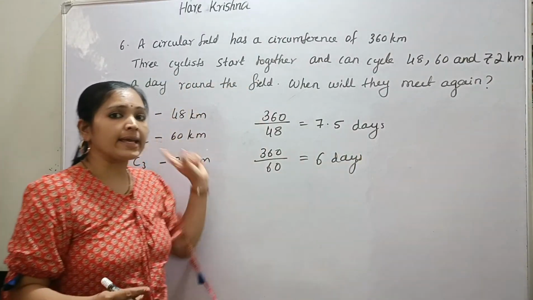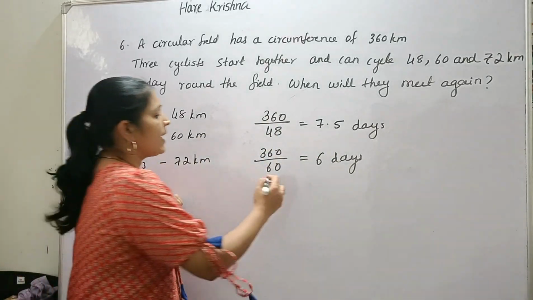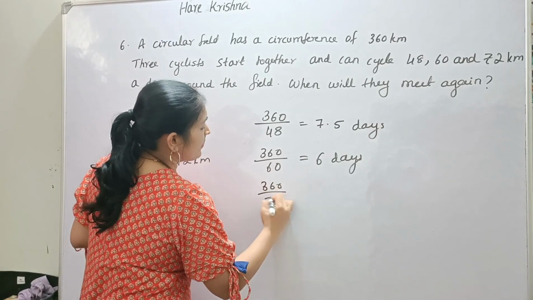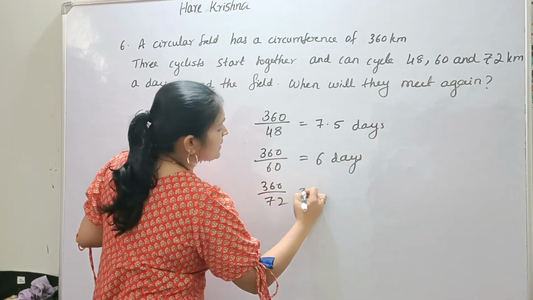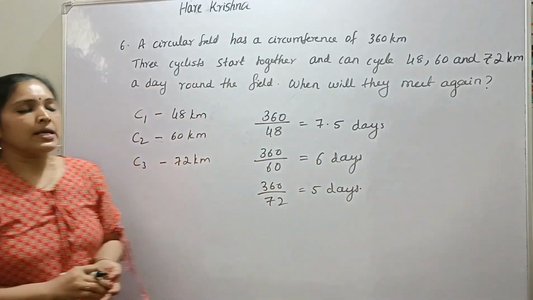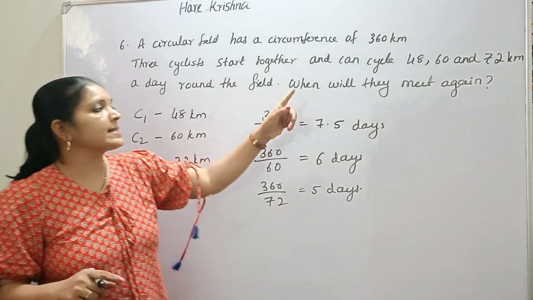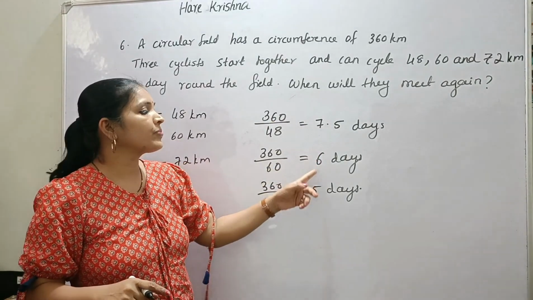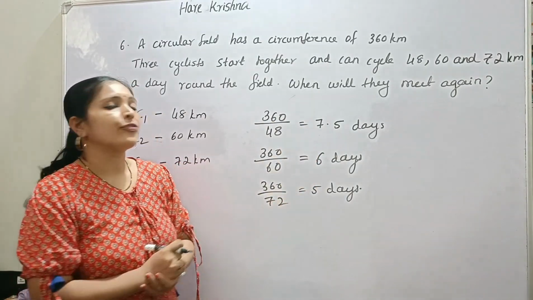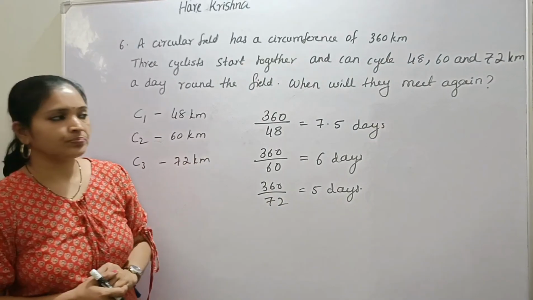And what about the third one? 360 divided by 72 is equal to 5 days. So the first cyclist takes 7.5 days, the second 6 days, the third 5 days to travel 360 kilometers.